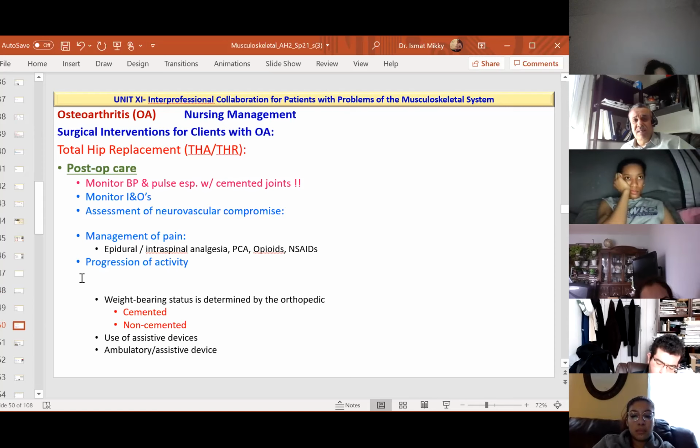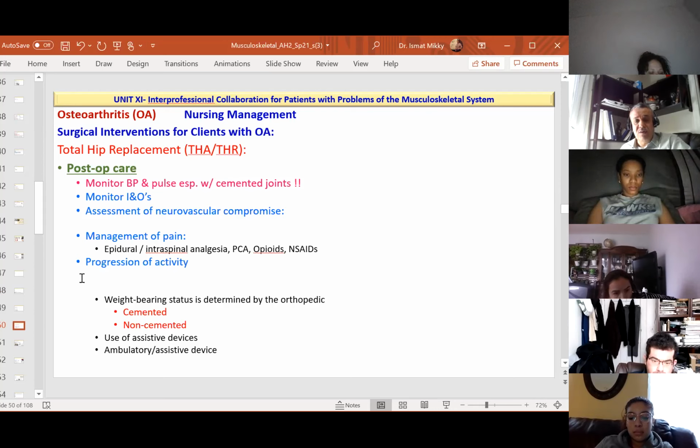Again, it's the discretion of the orthopedic surgeon to determine partial versus full for cemented. And then patients will be instructed to use assistive devices, a walker or cane or 4-prong cane, some type of assistive device for ambulation.